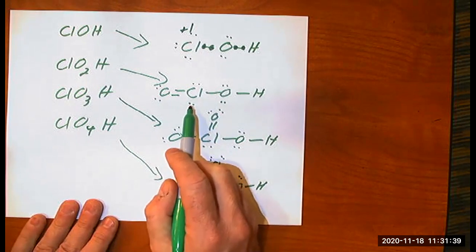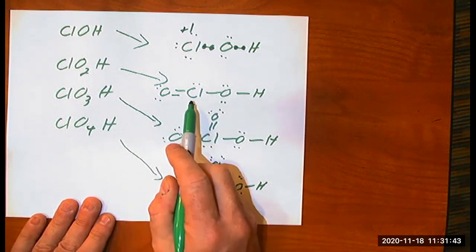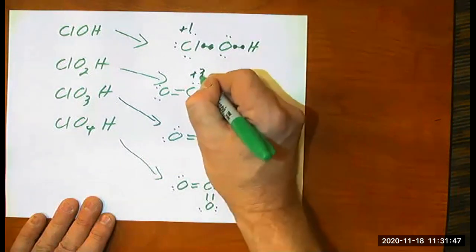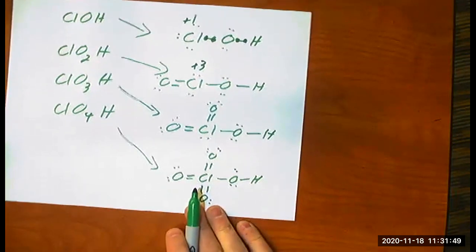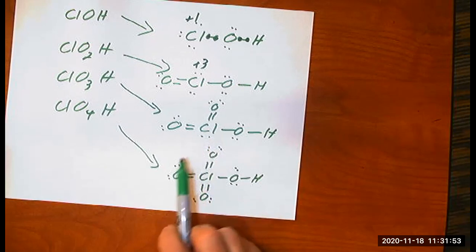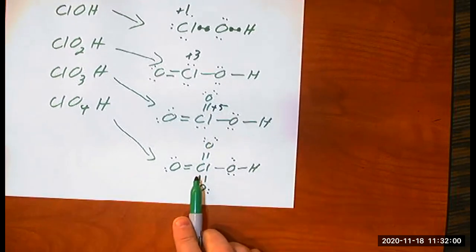Let's now look at the oxidation number of this chlorine. We start with the same core charge of 7, 6, 5, 4, 3, +3. What would the oxidation number of this one be? 5, correct. What's the oxidation number of this one? 7.